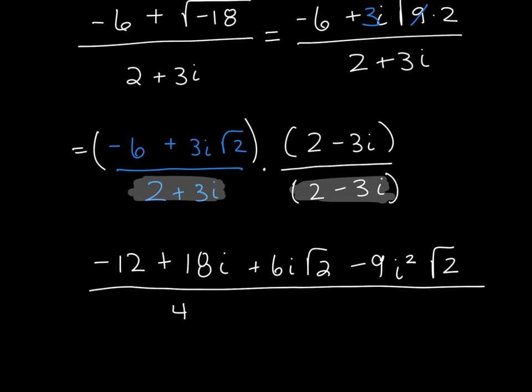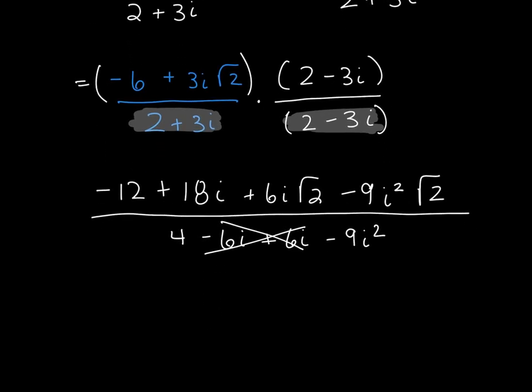Then 2 times negative 3i, which is my negative 6i. 3i times 2, which is my positive 6i. These will always cancel out. That's why we multiply by the conjugate. And then finally, positive 3i times negative 3i is negative 9i squared. So we're going to take both of those i squareds and turn them into negative 1.